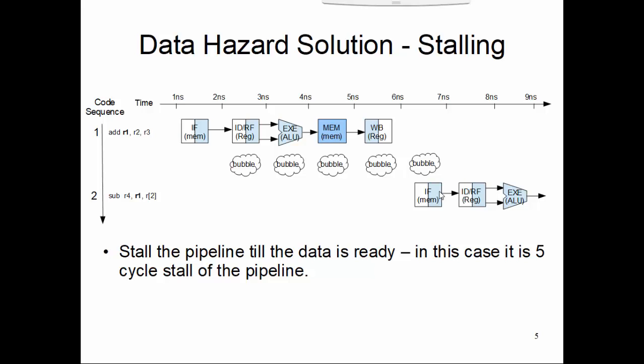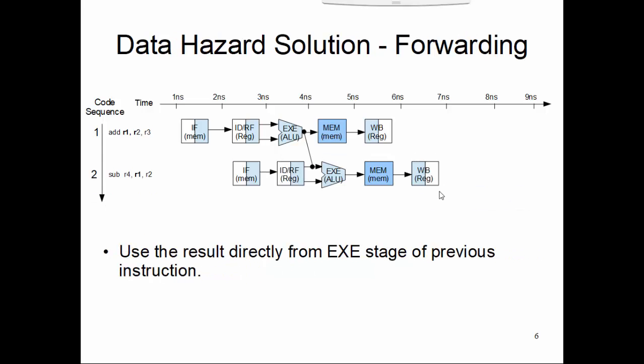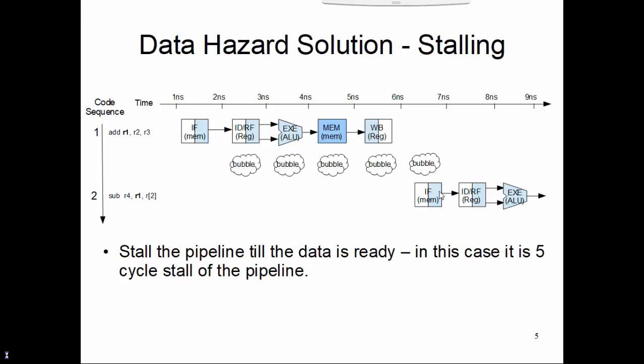So you are just throwing out the advantage of pipelining. By the way, just to make a notation, this bubble means nothing is done during this time for the next instruction, and the next instruction starts after the first instruction ends. So bubble means we are stalling there basically.